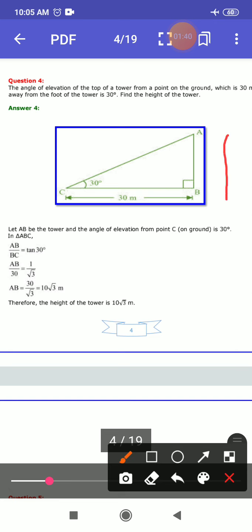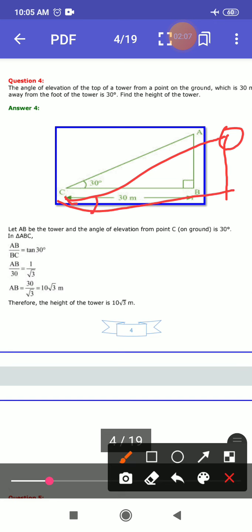Then the angle of elevation of the top, here this is the top of your tower, and its angle is made with the help of a point. Here is a point that is on the ground. Then the angle of elevation from this point to the top of this tower is 30.